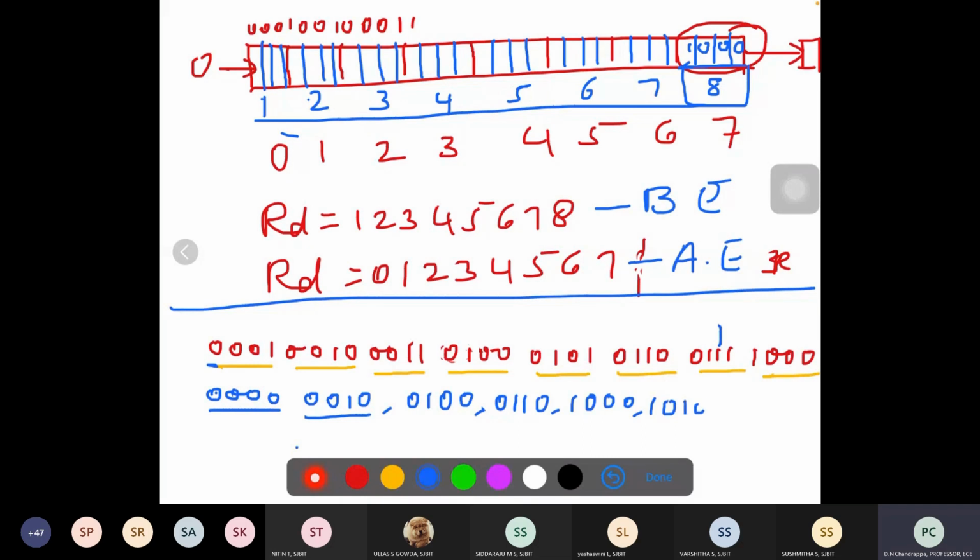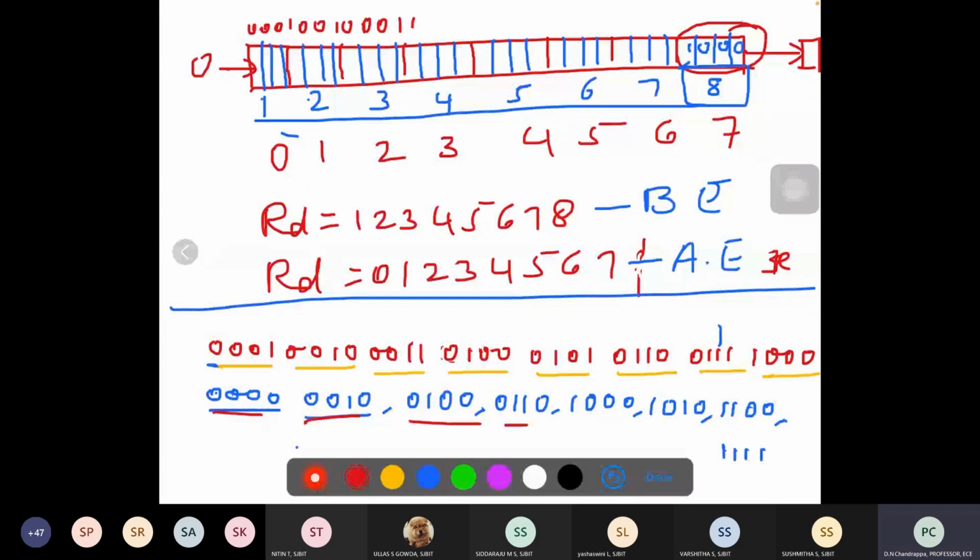Sorry, I will write it. Now we are taking this is 3 zeros plus 1 0, 0 0 0 1 plus 1 0 will be considered. Yeah, I will write that 0 1 0 0 0 1 1 0 1 0 0 0 1 0 1 0 1 1 0 0.